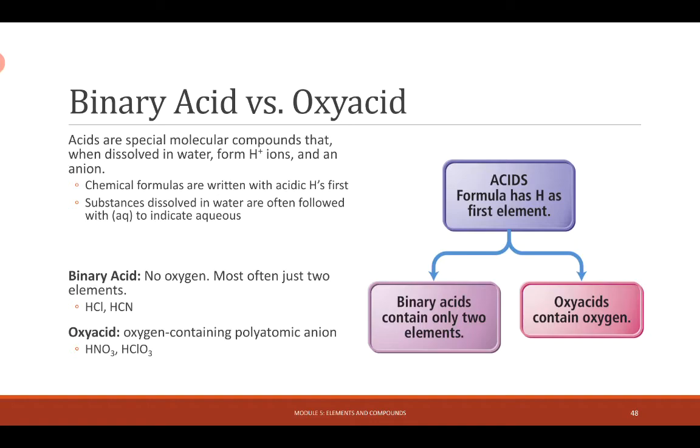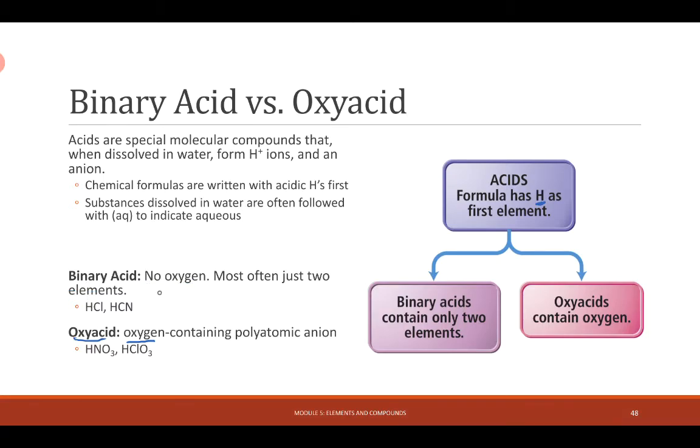Acids can be further separated into either oxyacids or binary acids. In both cases, the hydrogen should be listed first before anything else in the chemical formula. The distinction between binary acid and oxyacid is that oxyacids contain oxygen and binary acids do not.